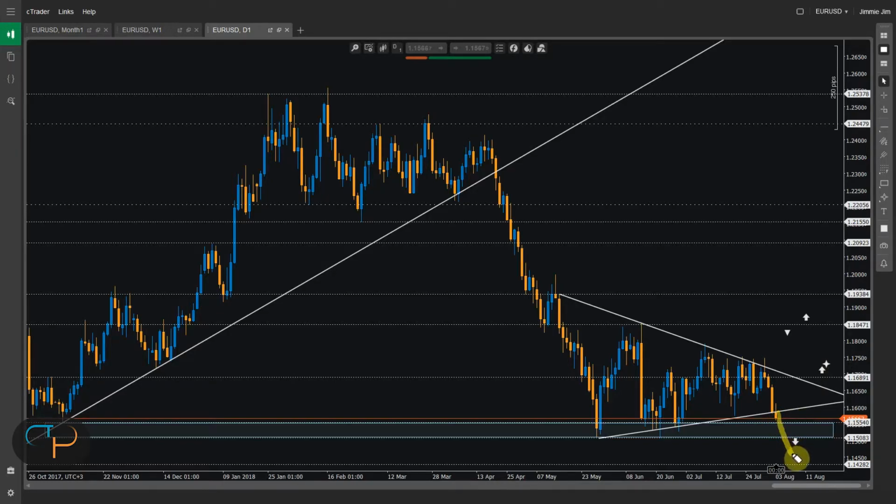So if price makes a move like this, falsely breaks this support area here, then comes above it and confirms it as a support, I wouldn't buy here, even though it might be an interesting move. I'm not interested in it, and price could then go above this 1.1689 and confirm it as a support. I would buy only from here.